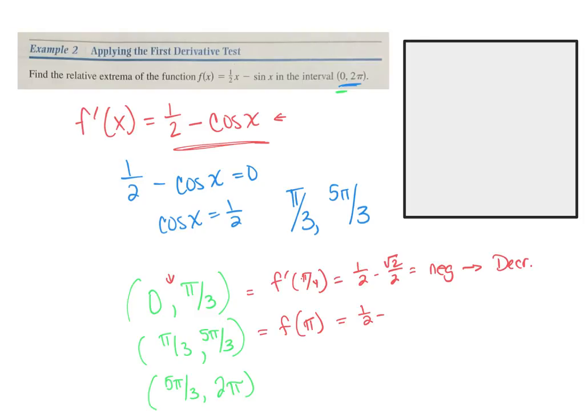Cosine of pi is -1. Well, that's going to be positive, which means this is increasing here. And then we're going to do the same thing for the next interval. They did 7 pi over 4, which is going to be exactly the same as the first one, right?